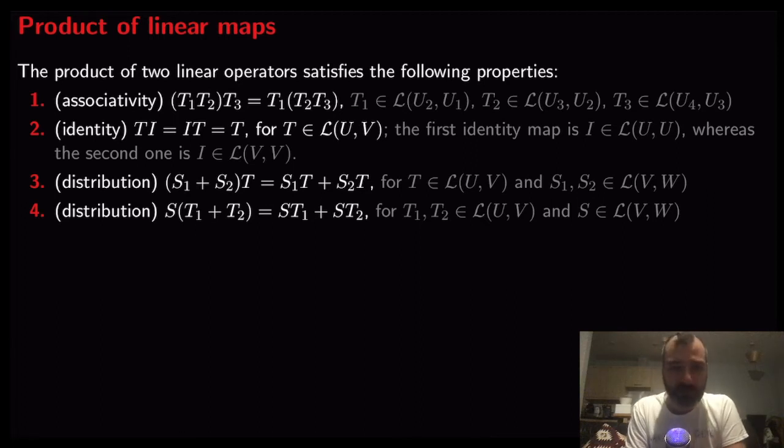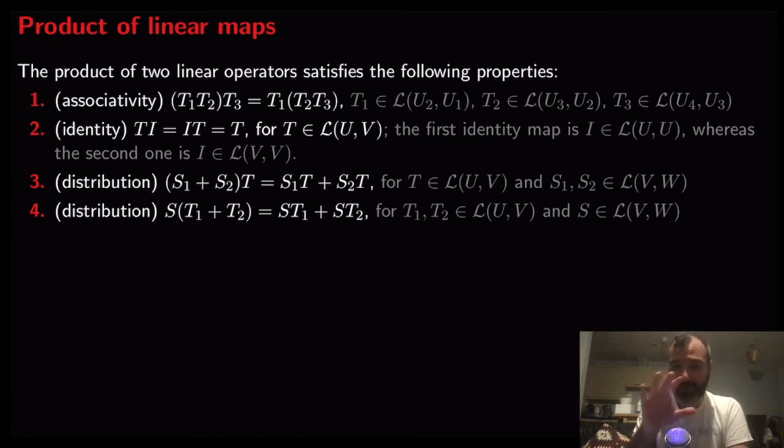The second property is that T times identity is equal to identity times T, which is equal to T. The third property is the distributive property from the right, and the last one is the distributive property from the left. So what I'm trying to say here with these four identities is that the things you can do with matrices, you can do with linear maps.